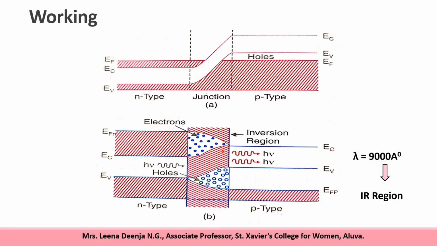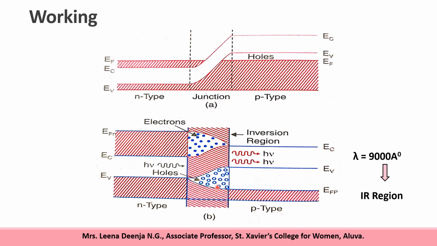This region, where there are more free electrons in the conduction band, represents a state of population inversion. We call it the active layer or active region. The narrow zone in which population inversion occurs is called the inversion region, or active region. The chance of recombination of free electrons and holes leads to a spontaneous photon.